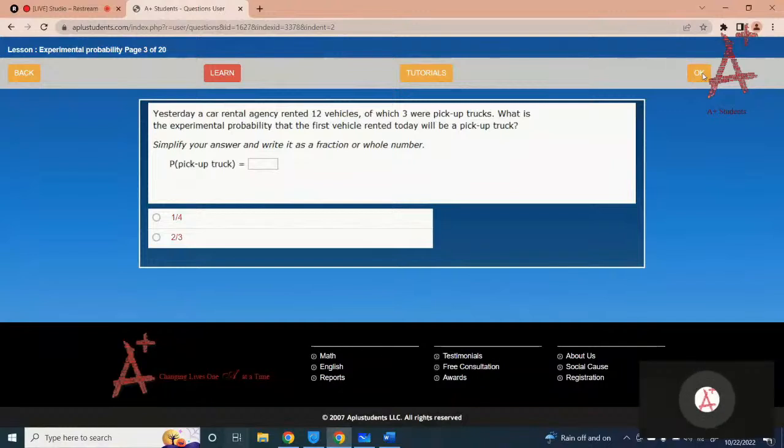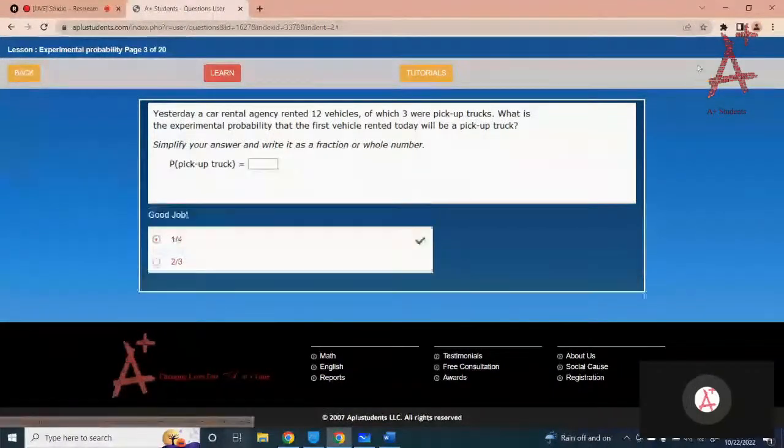And when you convert it to the lowest form, it would be 1 by 4. Got it? So select the correct option and then click on the OK button.